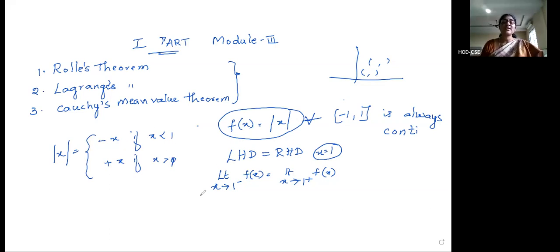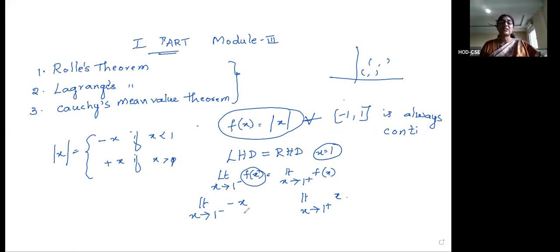Here the limit x tends to 1 minus, f of x becomes minus x, and limit x tends to 1 plus, the mod function acts like plus x. When you substitute x is equal to 1, 1 minus doesn't mean minus 1; 1 minus means that the value is below 1.